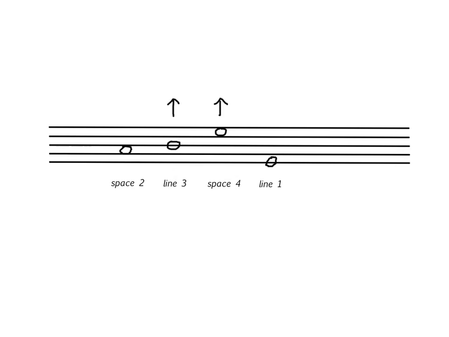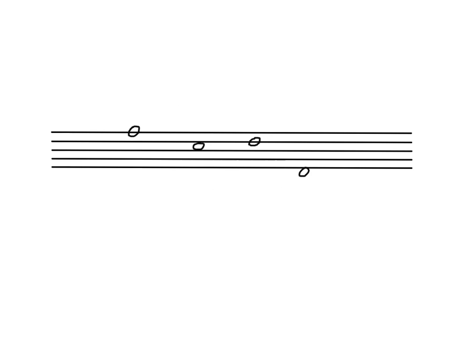Of course, it's pretty obvious that it's much, much lower. Now let's see if you can tell which line or space these notes are on. Let's look at the first note. Hopefully you know that that's not line 1, but it's line 1, 2, 3, 4, 5.